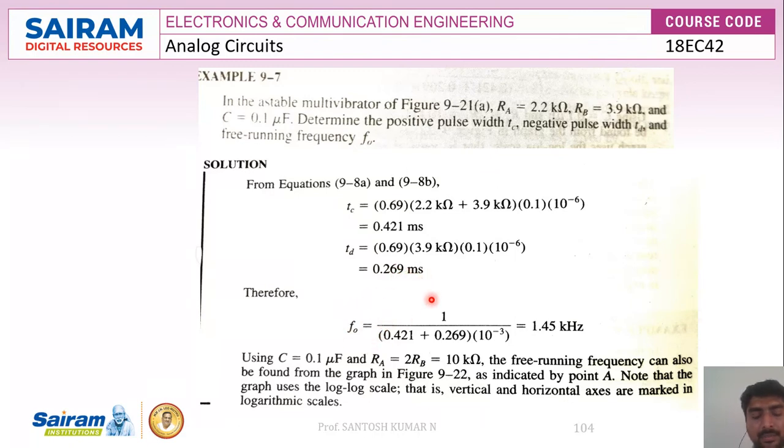Frequency is 1 by total time, where total time is charge plus discharge. So we get 1 divided by charge plus discharge, which is equal to 1.45 kilohertz.